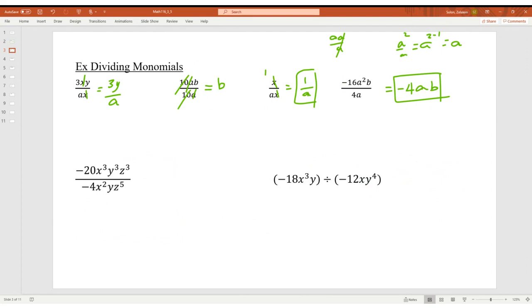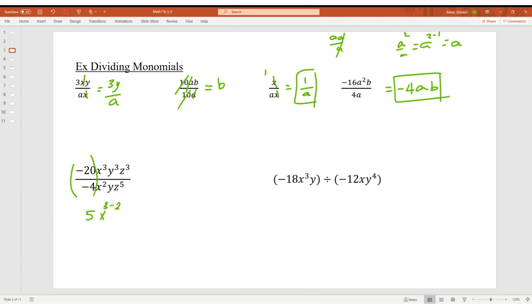Okay. Now I'll try number 5, and I'll give you time to try number 6. If you see number 5, this is how you should approach the problem. First, you divide the numbers. Negative 20 by negative 4. 20 divided by 4 is 5. Negative divided by negative is positive. Then for the variables, we apply properties of exponents. So x to the power of 3 minus 2.